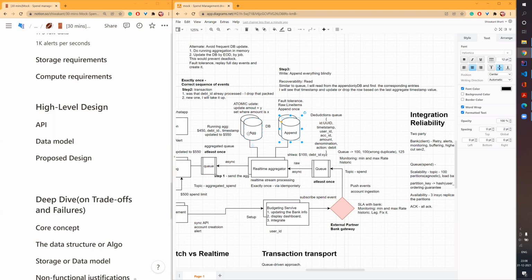For example, if I had a replica and the DB failed for whatever reason, we can replay from here and recreate the aggregate DB, assuming we have the last 1 month of information. We are not storing for a year, which could be overkill.